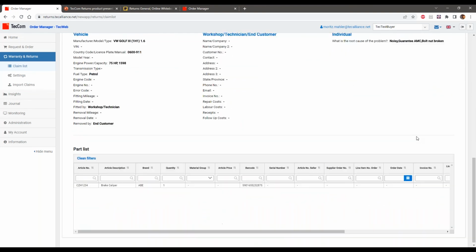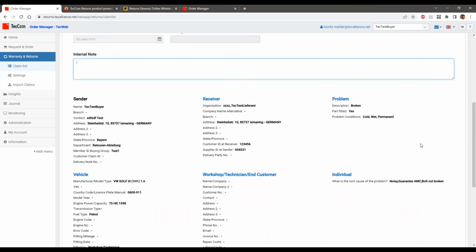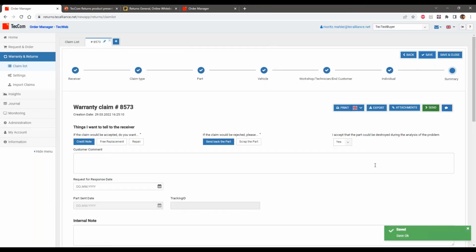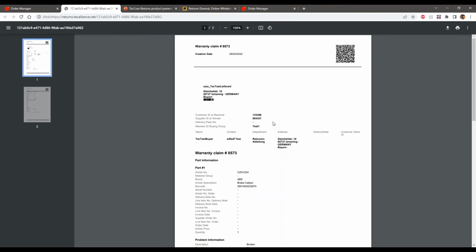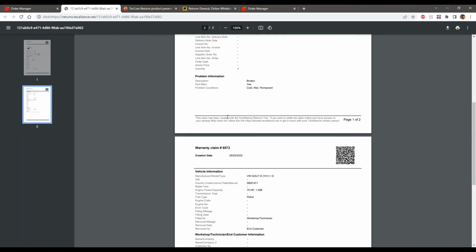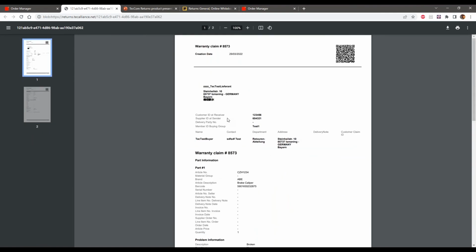Then you will see the whole claim at once. Then I save the claim and I will print it out. So I take a sip. Here you now see a PDF form.